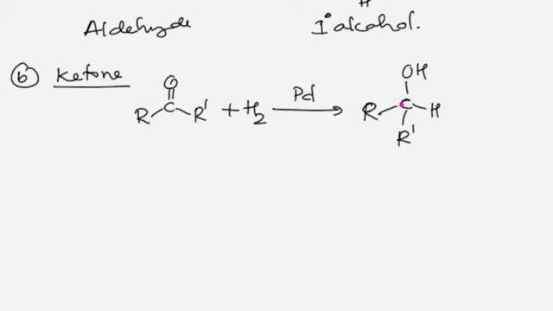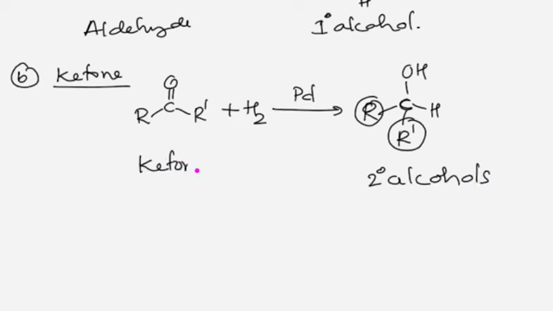You can notice that this carbon is connected directly with two alkyl groups, and therefore it forms a secondary alcohol, and we used the ketone as a substrate. So whenever ketones are reduced, we get secondary alcohols, and we don't get tertiary alcohols when taking aldehydes and ketones.